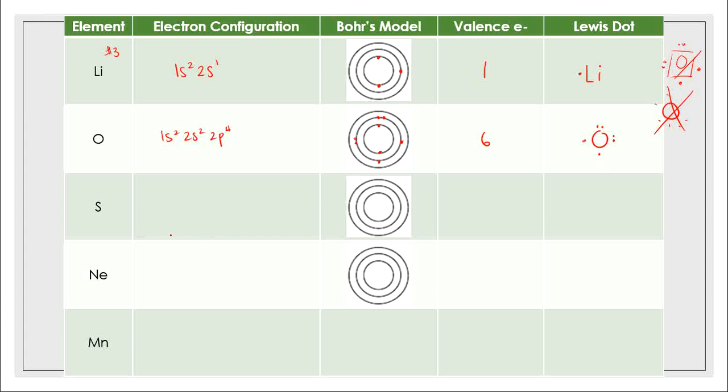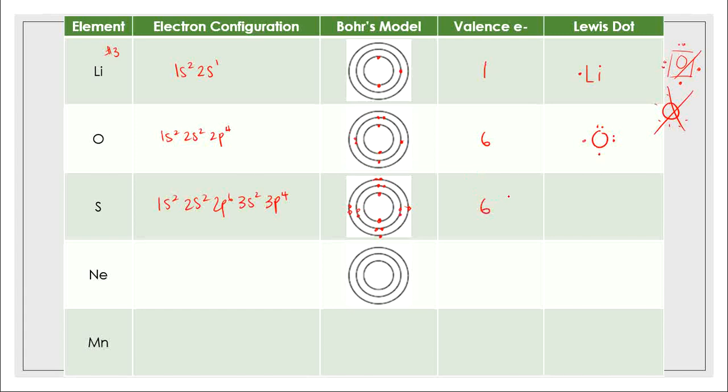Let's go ahead and do sulfur. Sulfur is 1s2, 2s2, 2p6, 3s2, 3p4. On the first energy level, we have 2 electrons. On the second one, we have 8. And then on the third energy level, we have 6. So how many valence electrons?